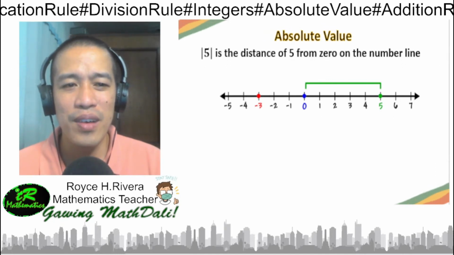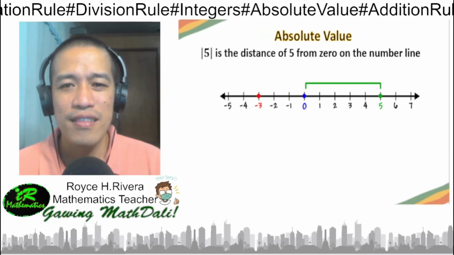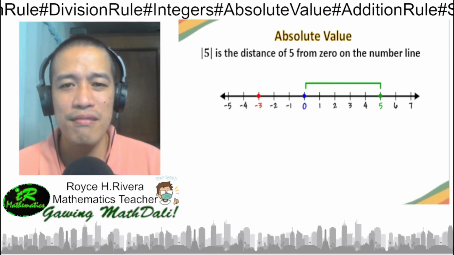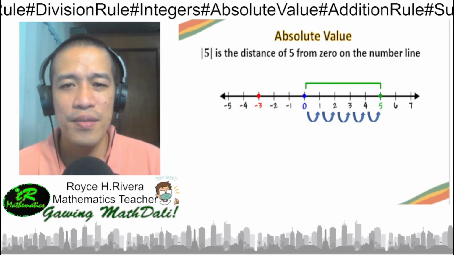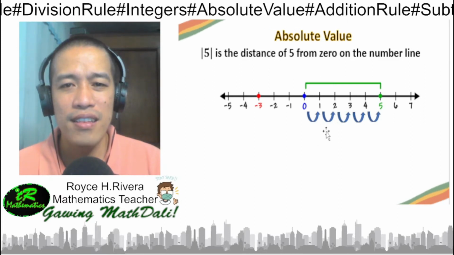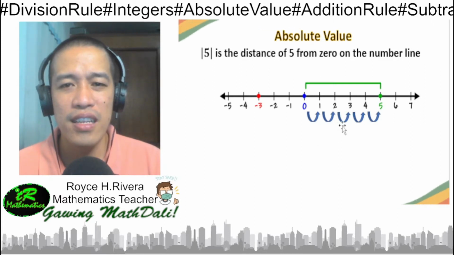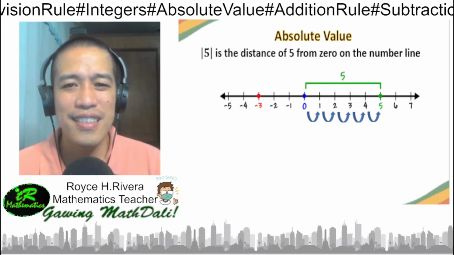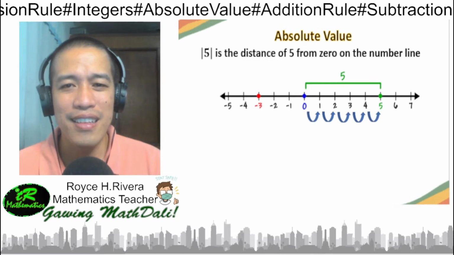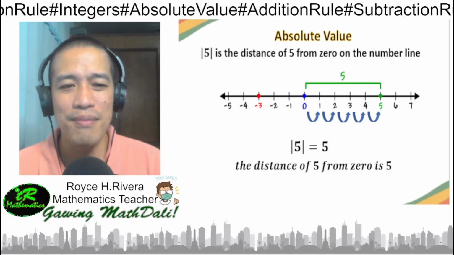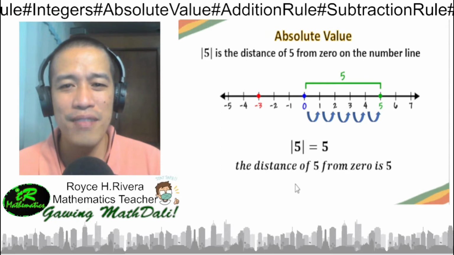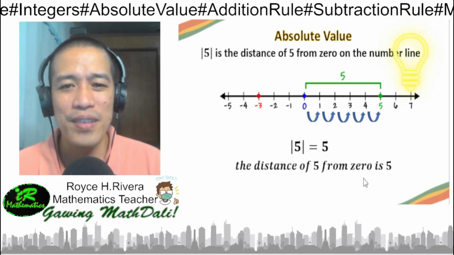So, we start to count the distance of 5 from 0. We will have 1, 2, 3, 4, 5. 5 units. Meaning, the absolute value of 5 is 5 because the distance of 5 from 0 is 5.